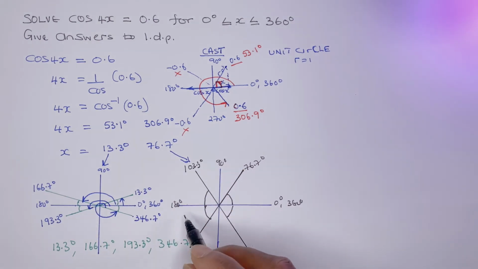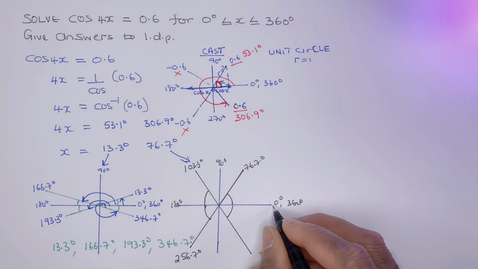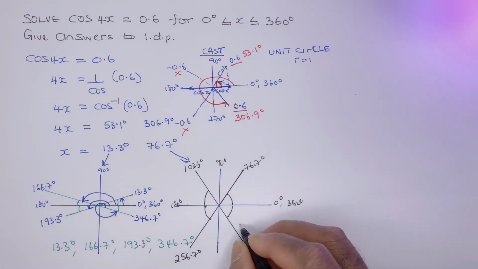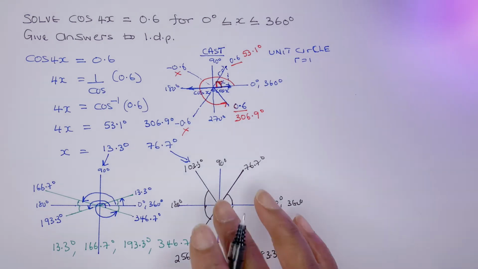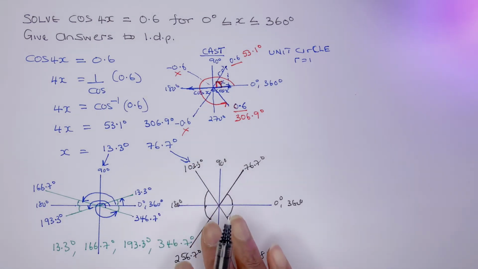And here we're adding 76.7 degrees to 180 degrees, that will be 256.7 degrees. And here I'll take away 76.7 from 360, that will be 283.3 degrees.